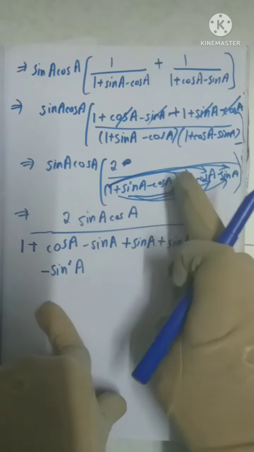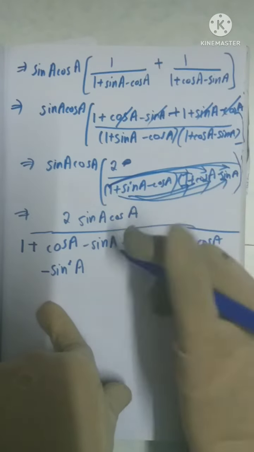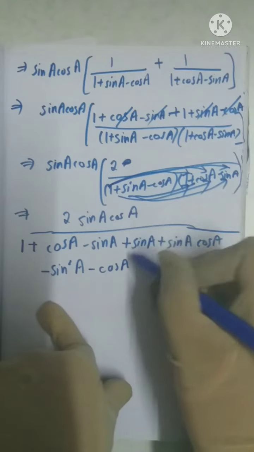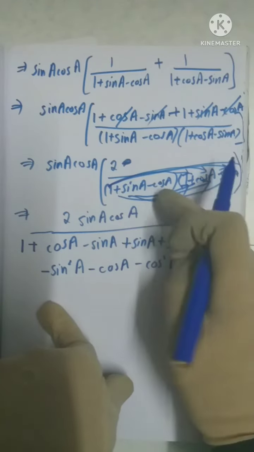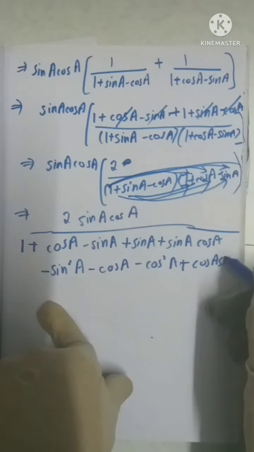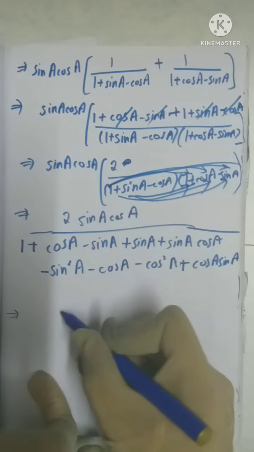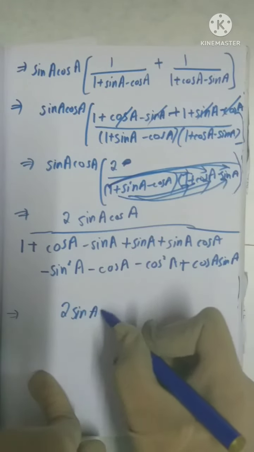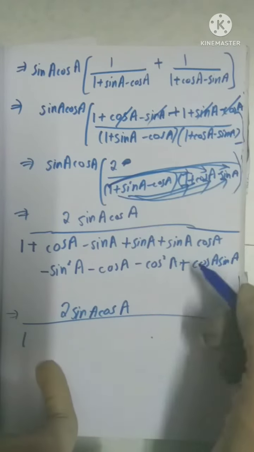Next, similarly, third term into first term, third term into second term, third term into third term. So minus cos A into 1 is minus cos A. Minus cos A into cos A is minus cos square A. And minus cos A into minus sin A is plus cos A into sin A. Now, here also it implies 2 sin A cos A divided by 1 as it is.